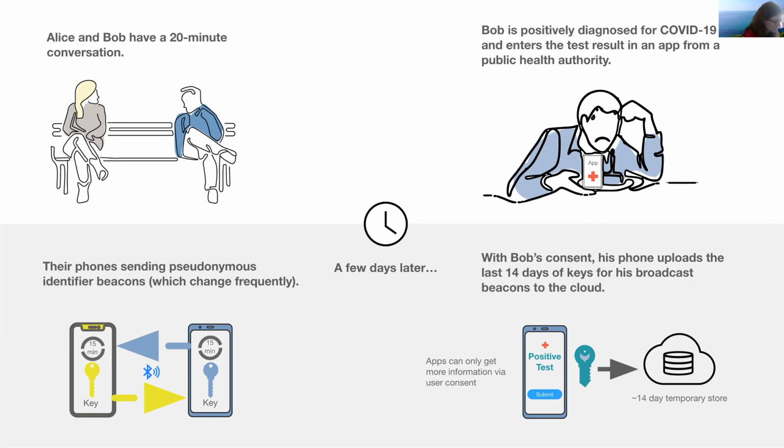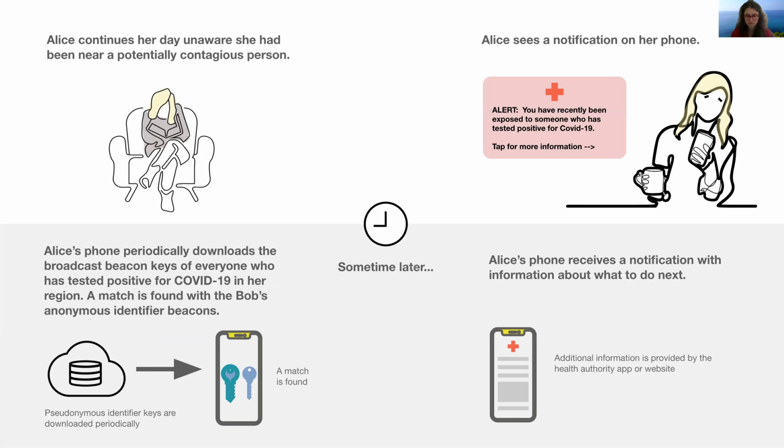If Bob gets sick, he then uploads the broadcast IDs that he has been broadcasting for the last 14 days to a service that we call the diagnosis key server. This is essentially a routing mechanism that publishes all of the known verified infected users' keys to every participating device.